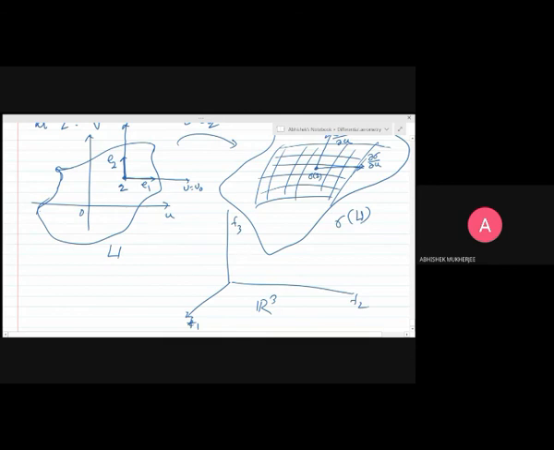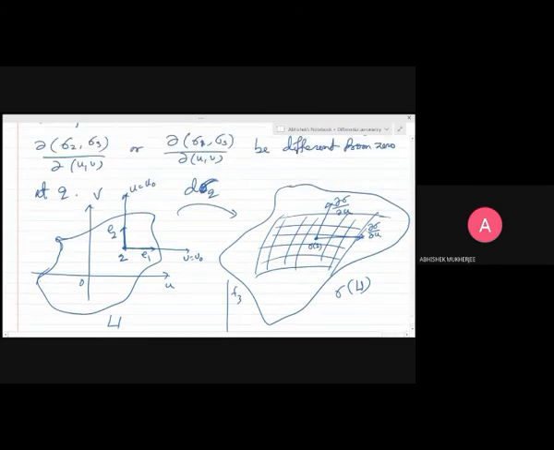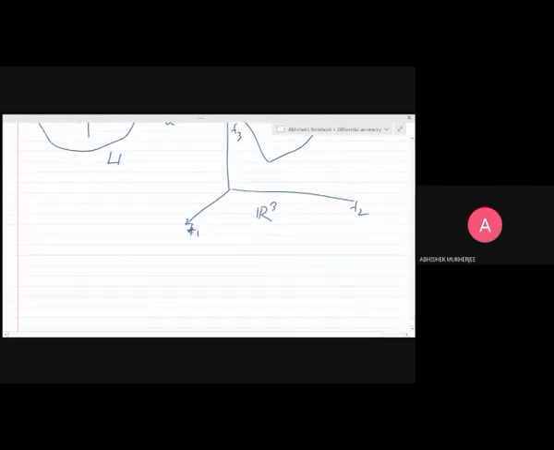So regularity means that at each point these two vectors are linearly independent. Okay, I should stop here.